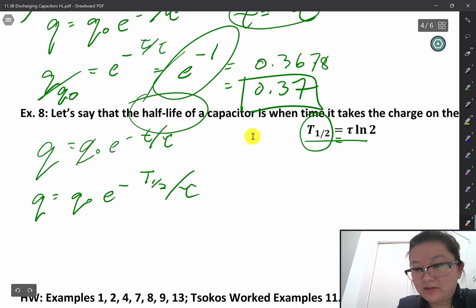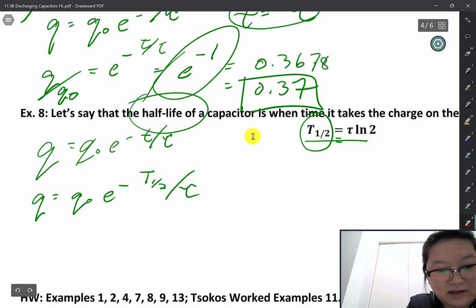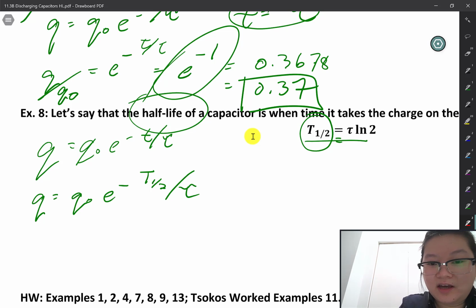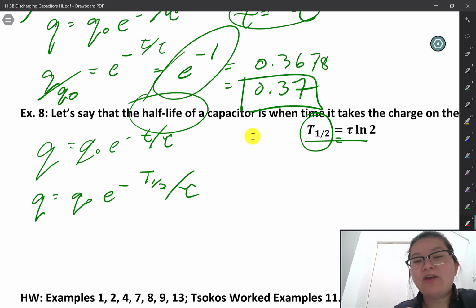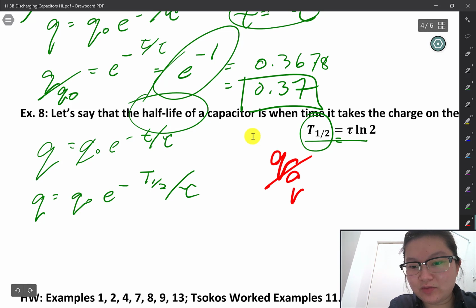The other thing I can do here is get Q naught over Q on the other side, because by definition, if we want the half-life, we want this fraction to be exactly 1/2.